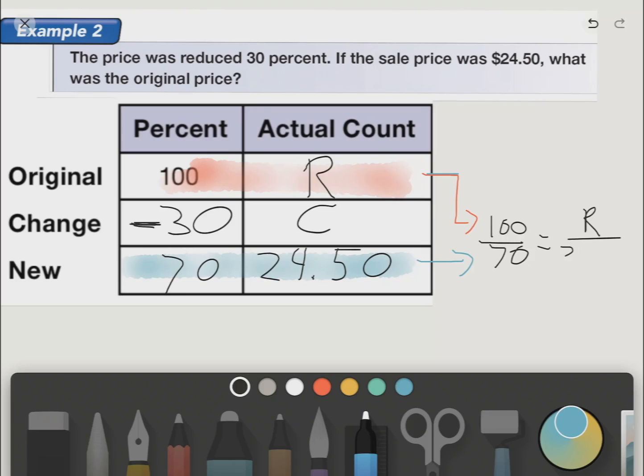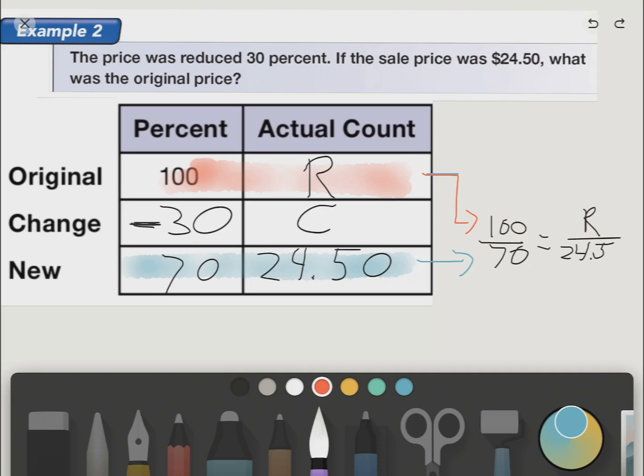And the real price is $24.50. So making an equation from there. We bring these two. Oh, excuse me.